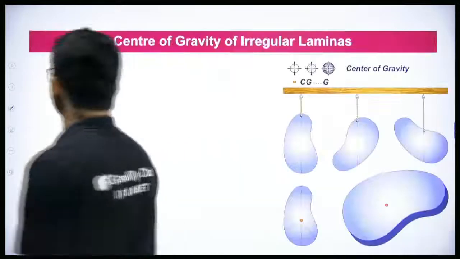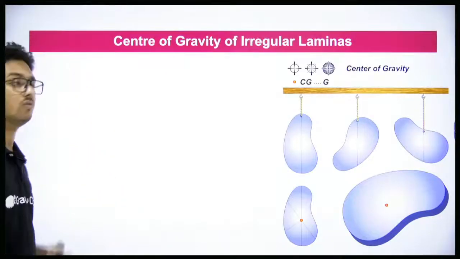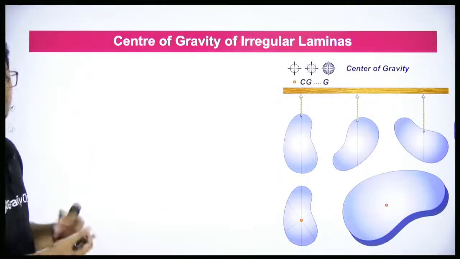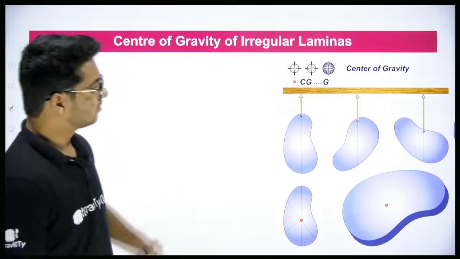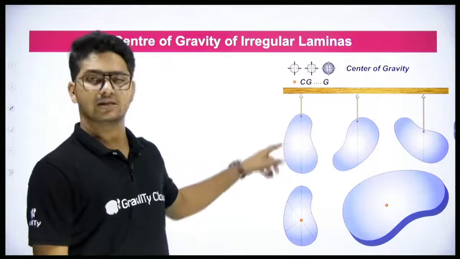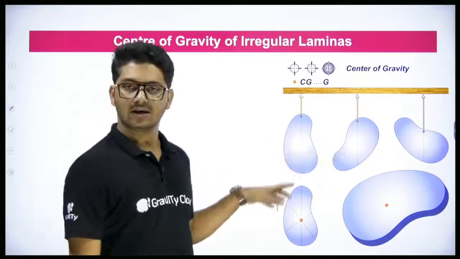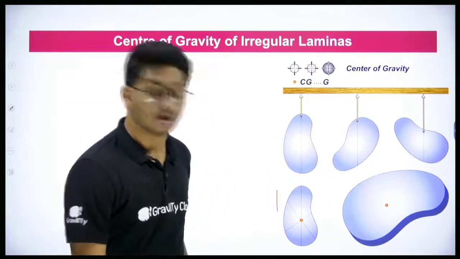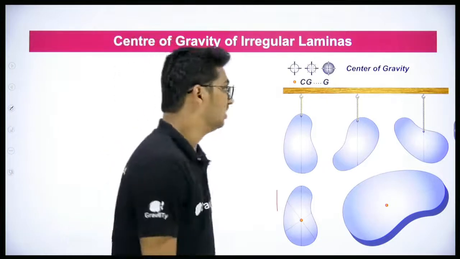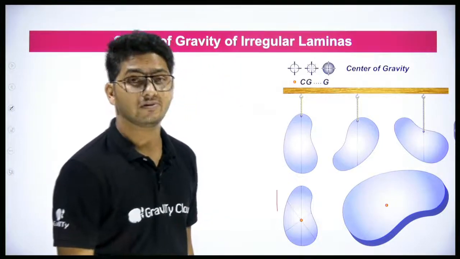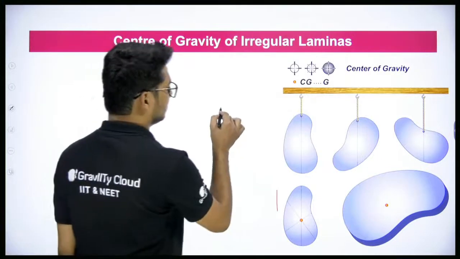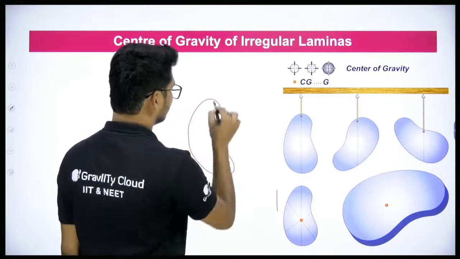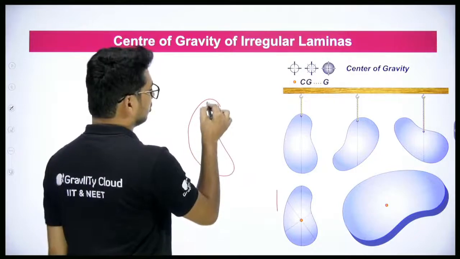Now, I'll explain how to find the center of gravity of irregular laminas. You can see that this is an irregular shape, right? So how do we find the center of gravity? It's very simple. Make 3 holes.